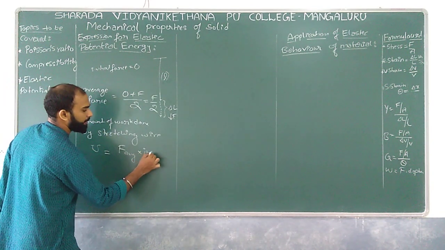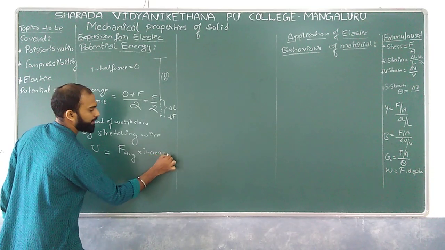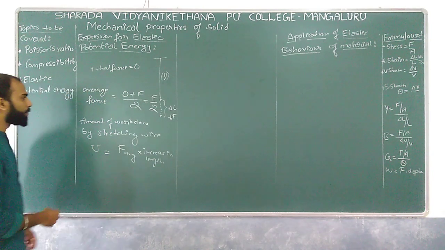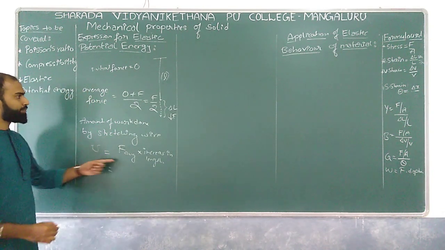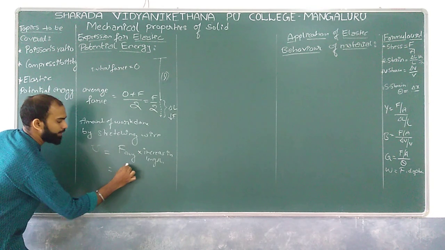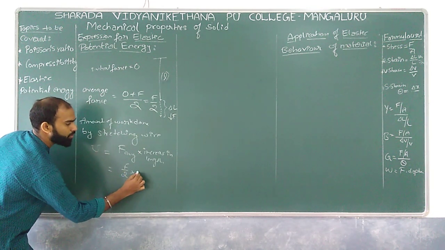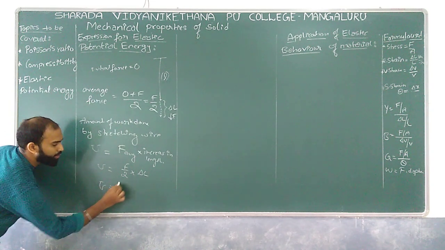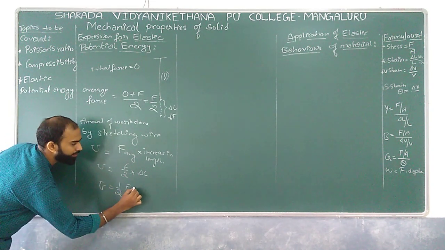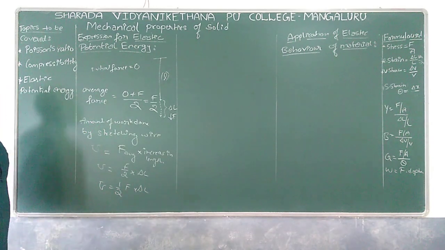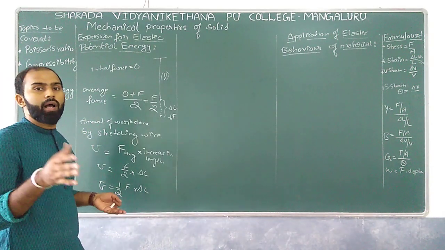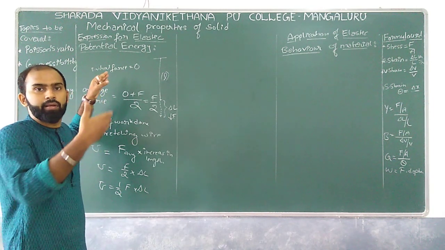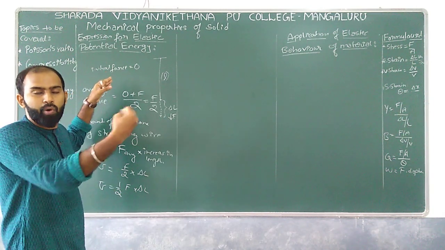That is F by 2 into delta L. So U equals half into F into delta L, and this is the energy stored, or the amount of work done by stretching the wire from one point to another point.